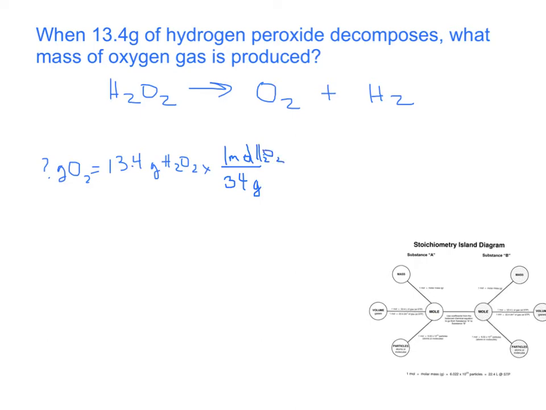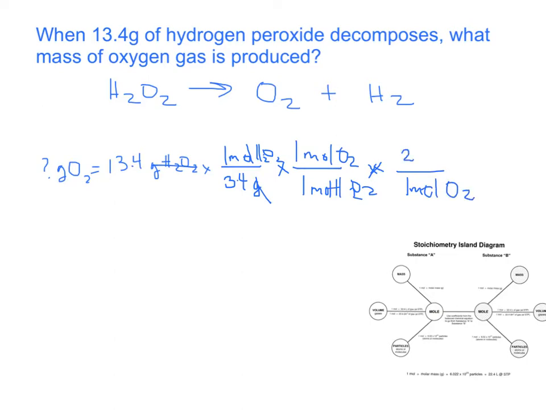All right. That cancels out the gram unit. So now we need a mole ratio, which in this case is 1 to 1. Yep, we know for every 1 mole of H2O2, we have 1 mole of O2 being produced. And lastly, we want to move from moles of oxygen to grams of oxygen. So we know that oxygen's diatomic, so it's going to be 32 grams.